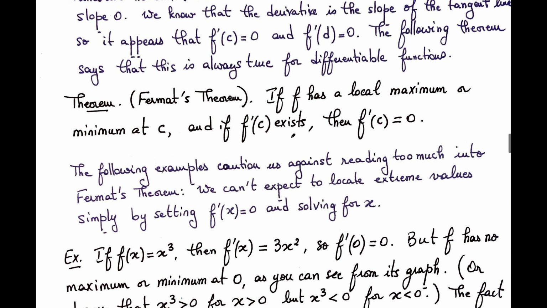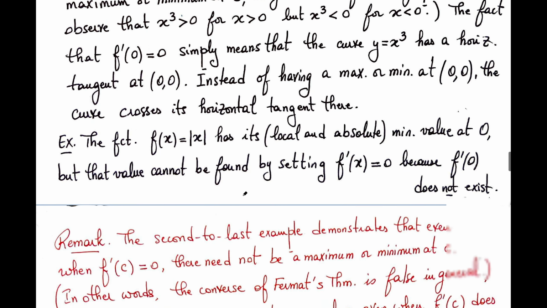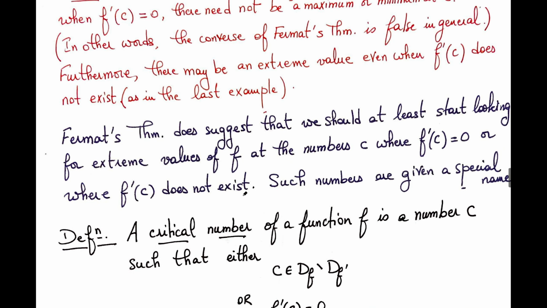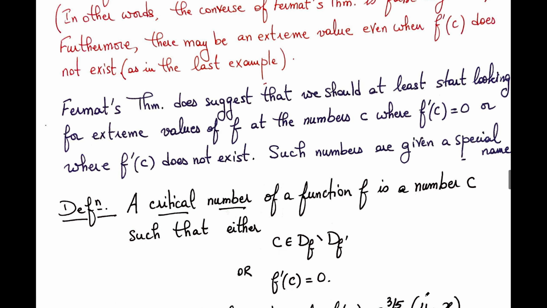Because if this doesn't fail, which means f prime of c exists, then those are the ones that are going to give us a local minimum or local maximum. But if this one fails, I cannot look at this anymore, so I have to consider those by themselves. Correct? Those numbers are given a special name, and they are called critical numbers.